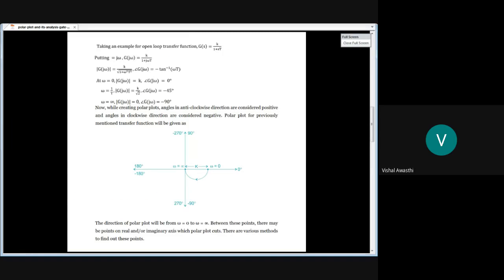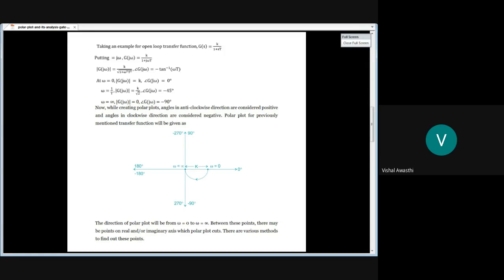To clarify this, I'm taking an example. Let's suppose G(s)H(s) is equal to K upon 1 plus sT, where K is a constant and T is also a constant. So now the simple question is, draw the polar plot of this given G(s)H(s).